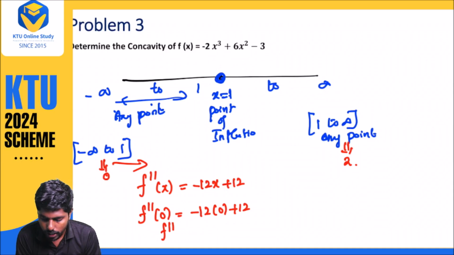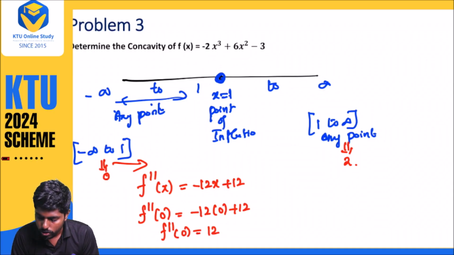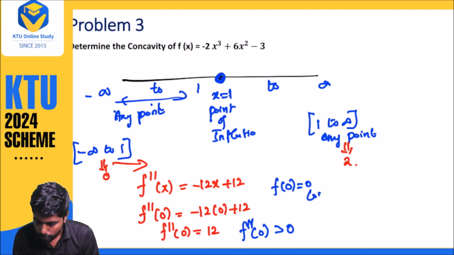So f double dash of 0 is equal to 12, and 12 is greater than 0. That means f double dash of 0 is positive, so I am getting concave up.